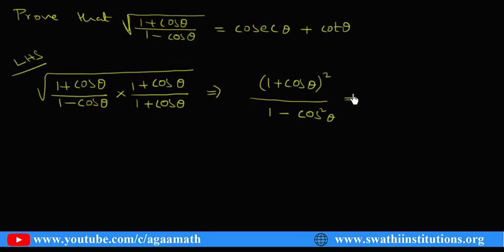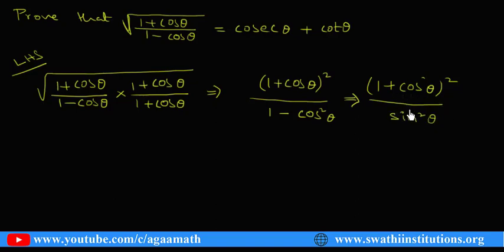So 1 plus cos theta whole square, let me write it the same, by 1 minus cos square theta, which can be written as sin square theta.